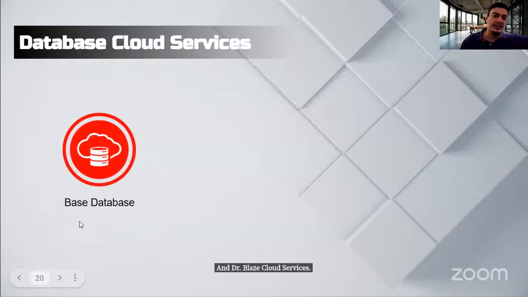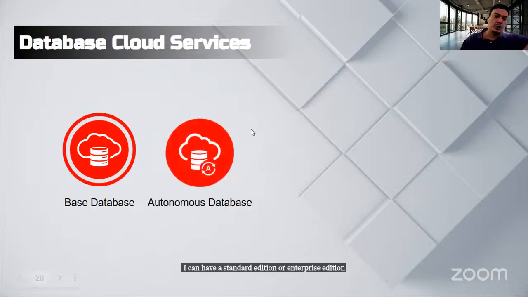I have a base database. Inside the base database, I can have a standard edition or enterprise edition. Autonomous database. Autonomous database is the auto-managed database for Oracle. This database executes many DBA tasks, but the DBA is still needed.